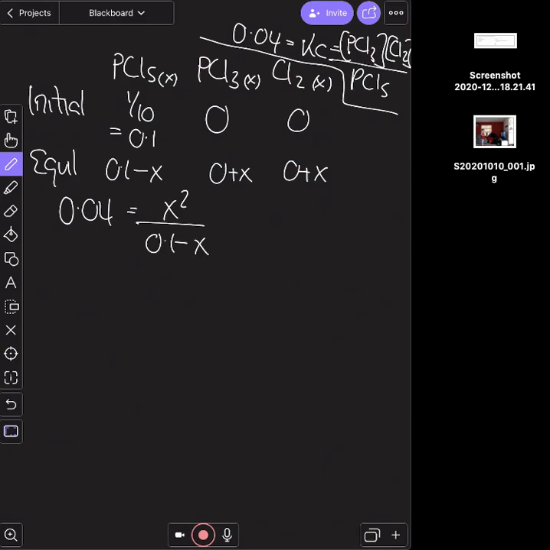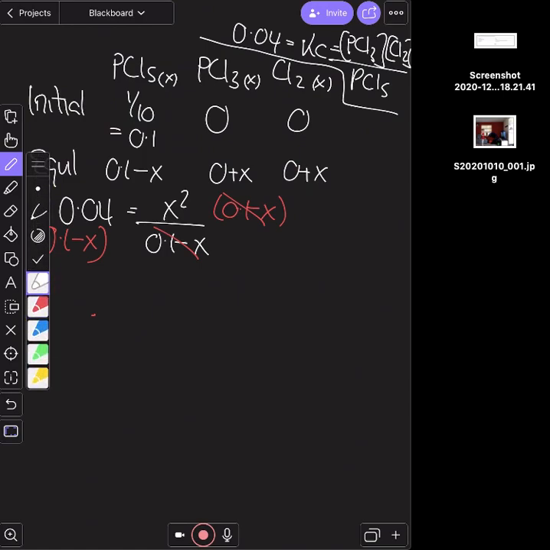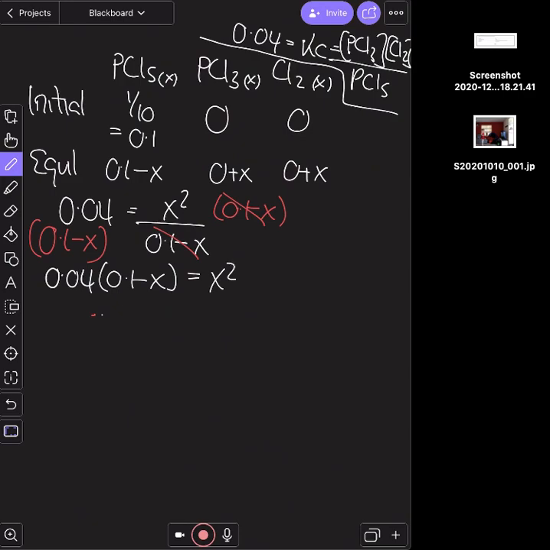So there are no square roots, so I need to turn that into a quadratic equation, and to do that I need to multiply both sides by 0.1 minus x, and that allows me to cancel these out. So I am going to be left with 0.04 times (0.1 minus x) is equal to x squared. I then have to complete the multiplication on this left hand side, so I get 0.004 minus 0.04x is equal to x squared.